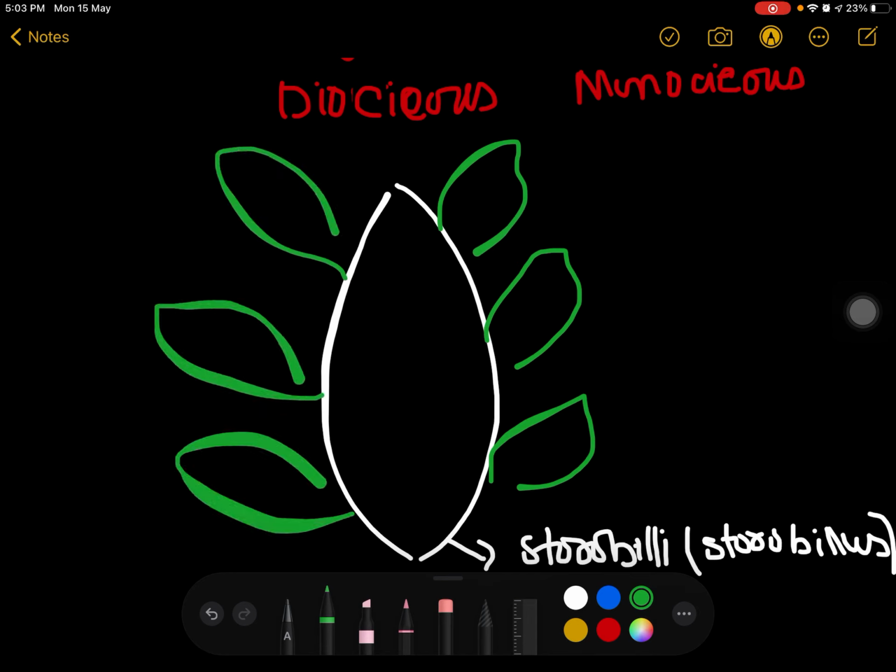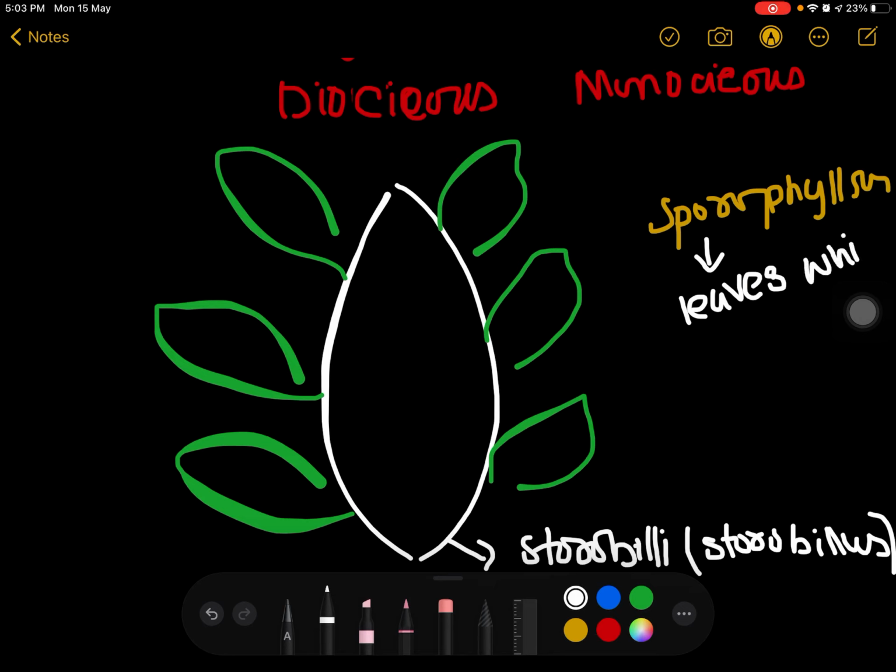So let me tell you one thing: the leaves which have sporangium on them are known as sporophylls. Sporophylls means leaves which have sporangium.